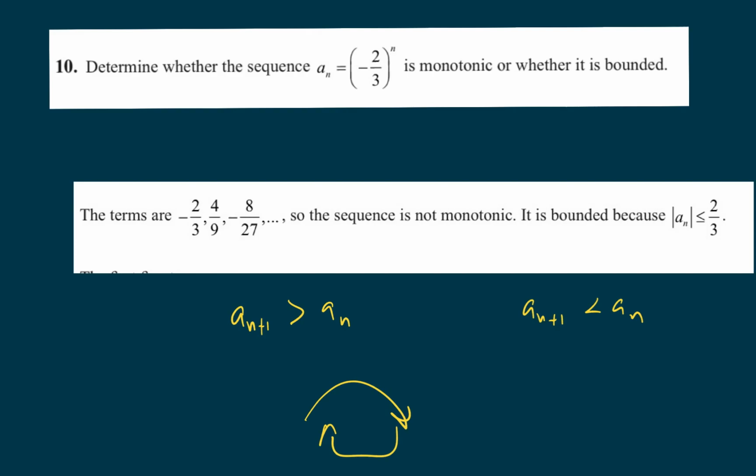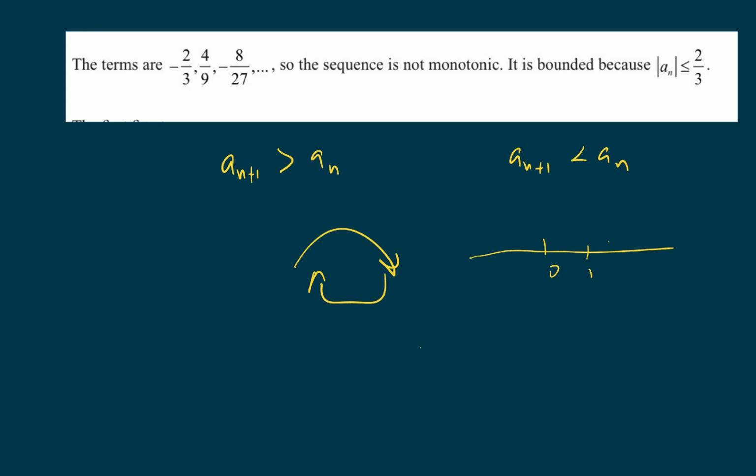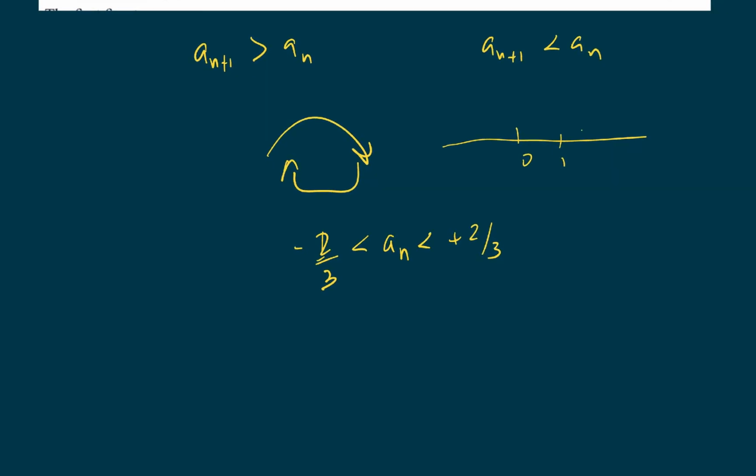And it's bounded by 2/3. So if you plot all the numbers, a sub 1, a sub 2, a sub 3, you will see that any term a sub n is smaller than positive 2/3 and bigger than minus 2/3. You will see that the a sub n are bounded above and bounded below.